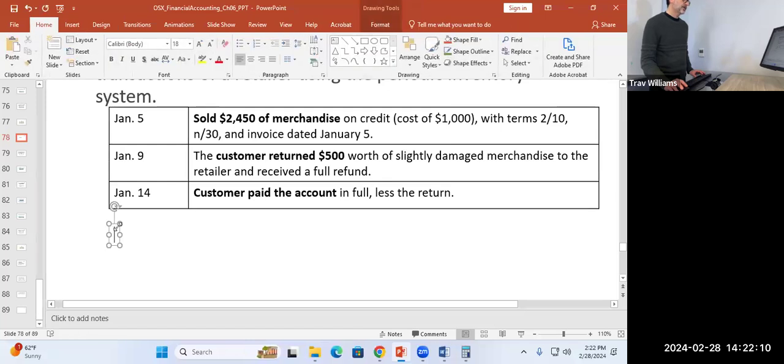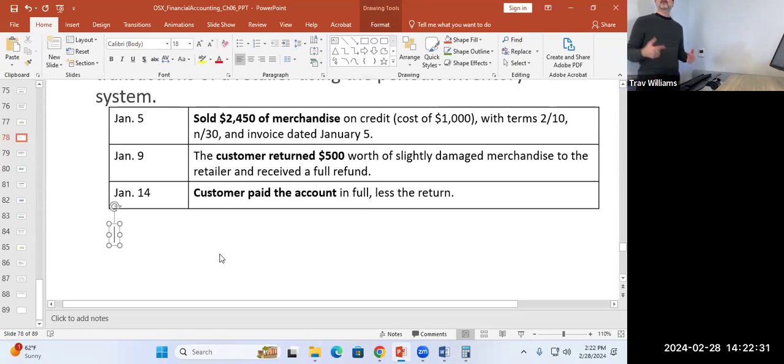Okay, all right, we've got 3 transactions. Now this is using the periodic method. First, we made a sale. Oh, we haven't done sales yet for periodic. That's interesting. Okay, well, that's okay. Let's go ahead and do it.